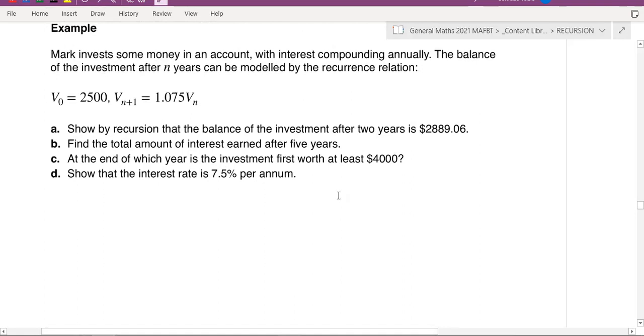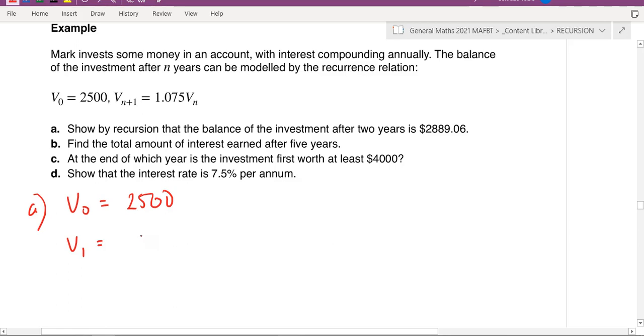Question 1. Show by recursion that the balance of the investment after 2 years is this much. Using recursion, the way we've always been learning it, list out all your numbers and how you got them. We're just going to do after 2 years. V0 is 2,500. Easy.